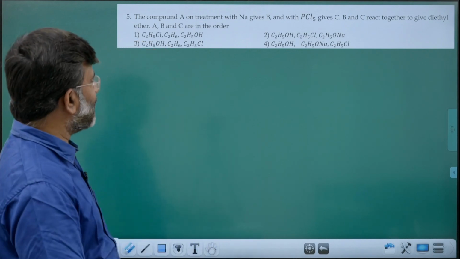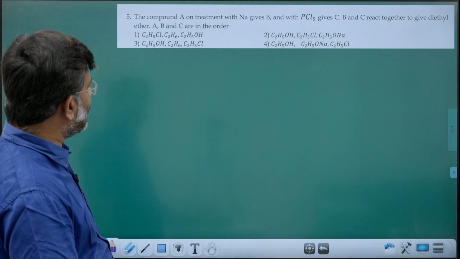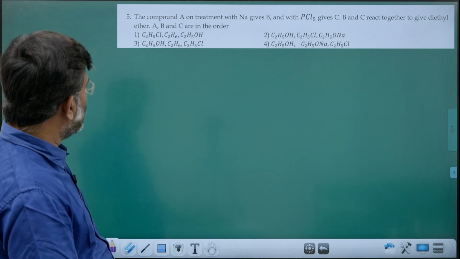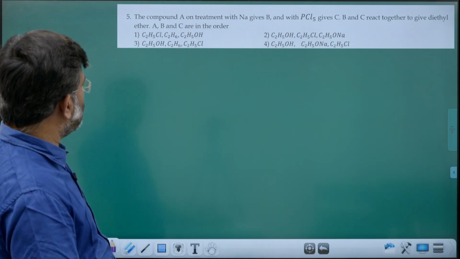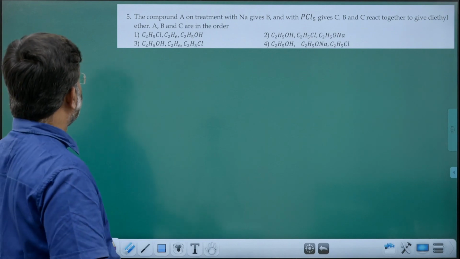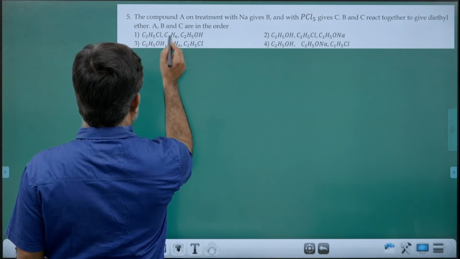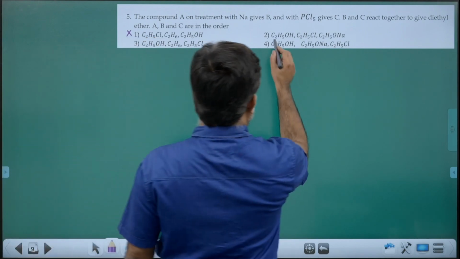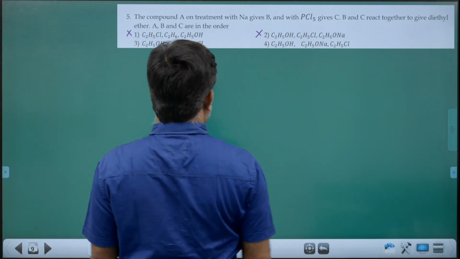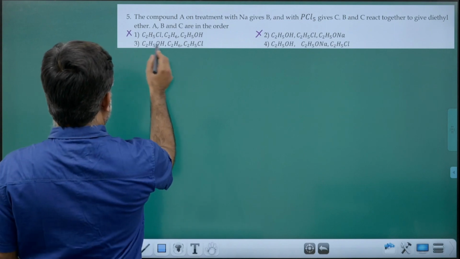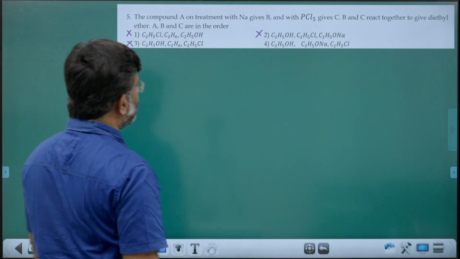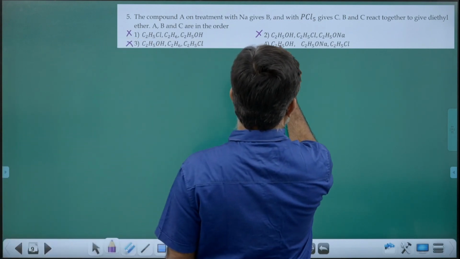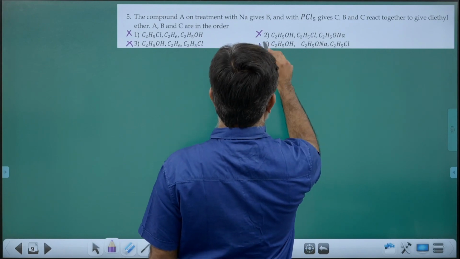Compound A on treatment with sodium gives B. This on treatment with sodium, you don't get this. This on treatment with sodium, you don't get this. This on treatment with sodium, you don't get that. This on treatment with sodium, you get this. And that is the answer.